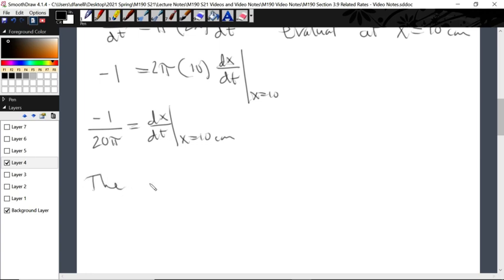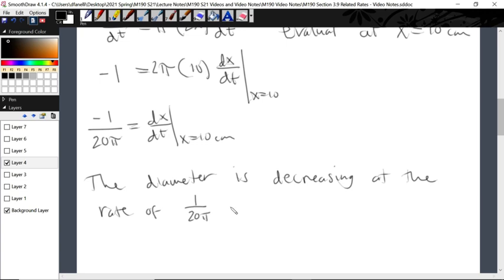So we have that the diameter is decreasing at the rate of, because I use the word decreasing, that already indicates that this is going to be negative, so I want to say it's decreasing at the rate of 1 over 20 pi, and the units here would be the units of diameter, centimeters, over the units of time, seconds.